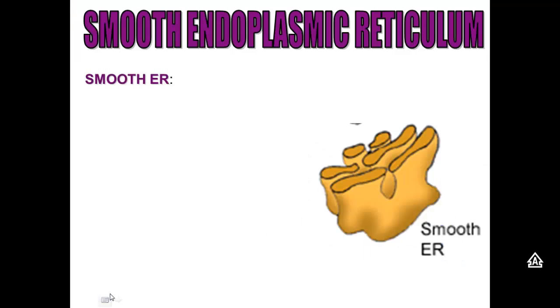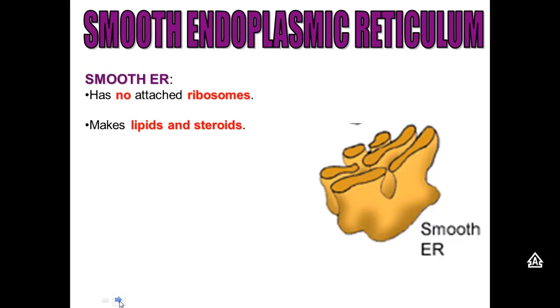The smooth ER, on the other hand, is not attached to ribosomes, and that's because it doesn't have anything to do with proteins. What the smooth ER does is it makes fat, and it makes steroids, which is a type of fat that you find in hormones like estrogen or testosterone.